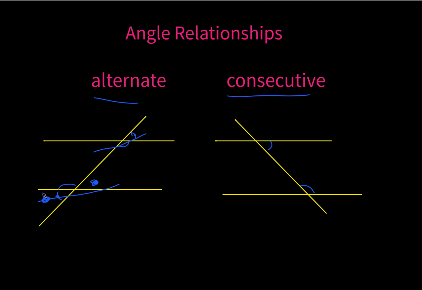So if we are looking at, say, this angle, I'll call it A, and this angle B, we can determine that they are the same. So alternate angles are congruent.